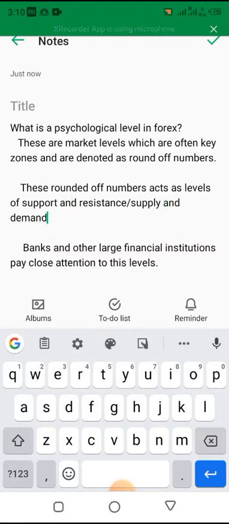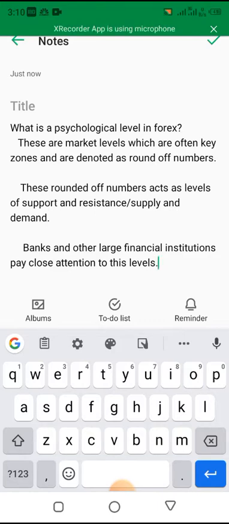So what I mean by psychological levels, these are rounded off levels which act as our support and resistance, or some people call it supply and demand, right? Banks and other large financial institutions that trade the forex market pay close attention to these levels.